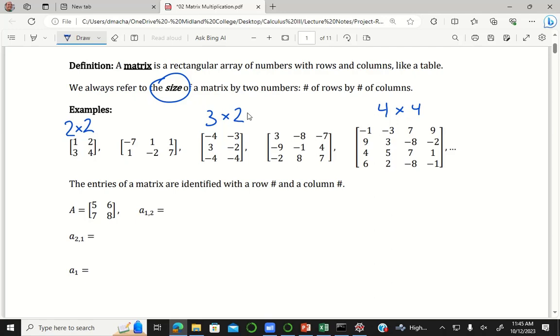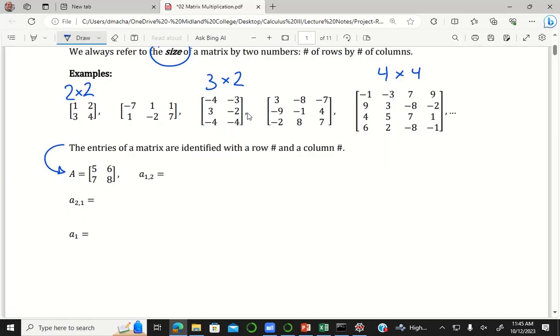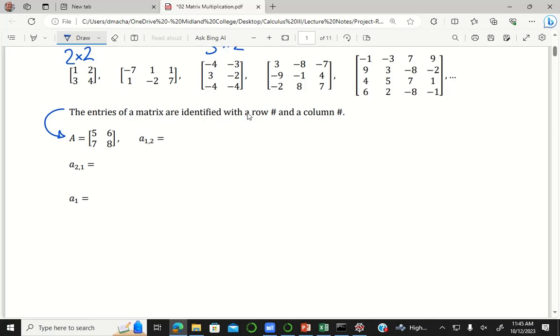Okay, if we have a matrix like this one, in my little example, if we've got this matrix A, then we always identify the entries with a row number and a column number. So like lowercase a 1 comma 2, that is going to be referring to the first row, second column.